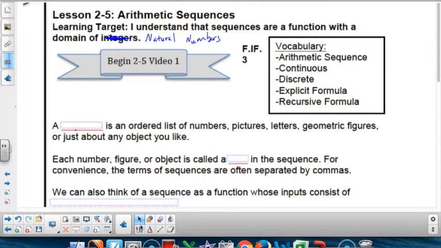So let's go ahead and say a sequence is an ordered list of numbers. Now, it can also be a list of pictures, letters, figures, anything you want, but this is math class, so we're going to be focusing on lists of numbers, and they are in a nice pretty order. Each number in the sequence is going to be called a term. We've seen that word before.